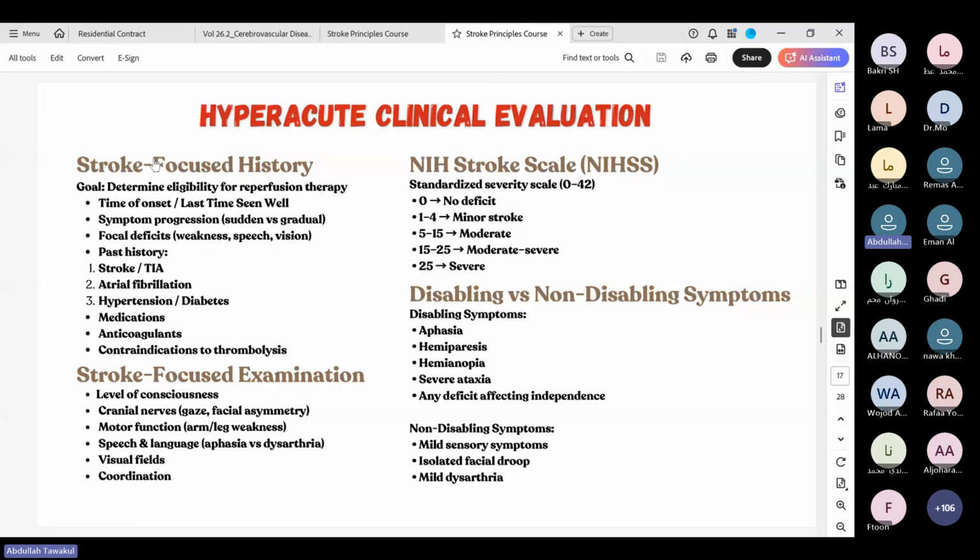I apologize. Okay, so let's go back. Focused history, focused exam, then immediate CT scan to rule out any stroke mimics and hemorrhage. And then what? What do you guys want to do? Right.